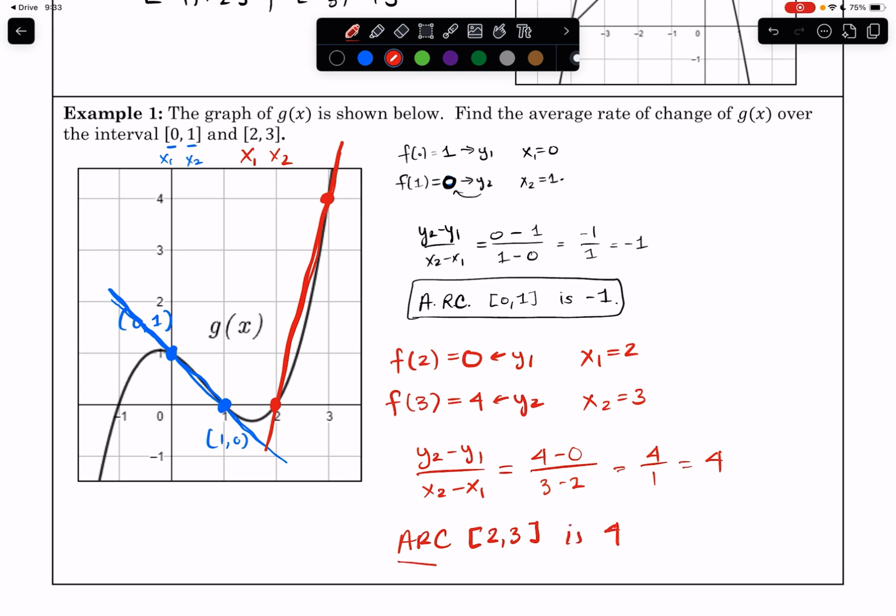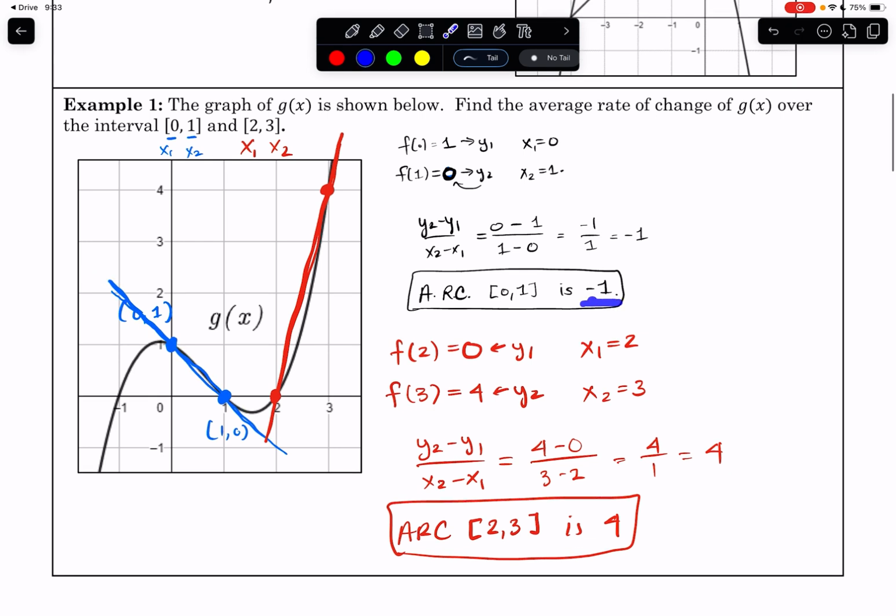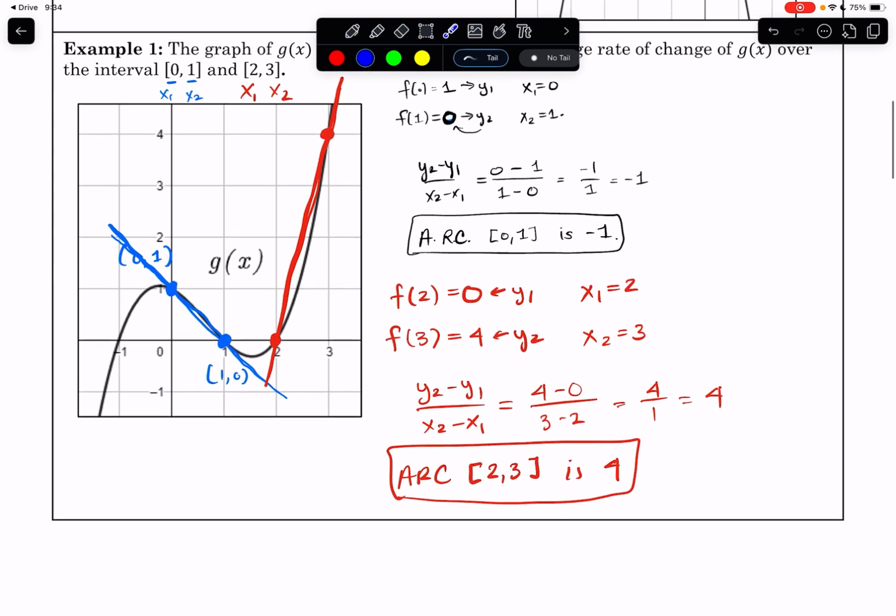Which makes sense, because if we look at the line, notice that this line has a positive slope since the line is in fact going up. So that correlates to having a positive slope. But this line right here that's going down should have a negative slope, and it does. It has a slope of -1. So that's how you figure out the average rate of change. Let's look at some more examples.